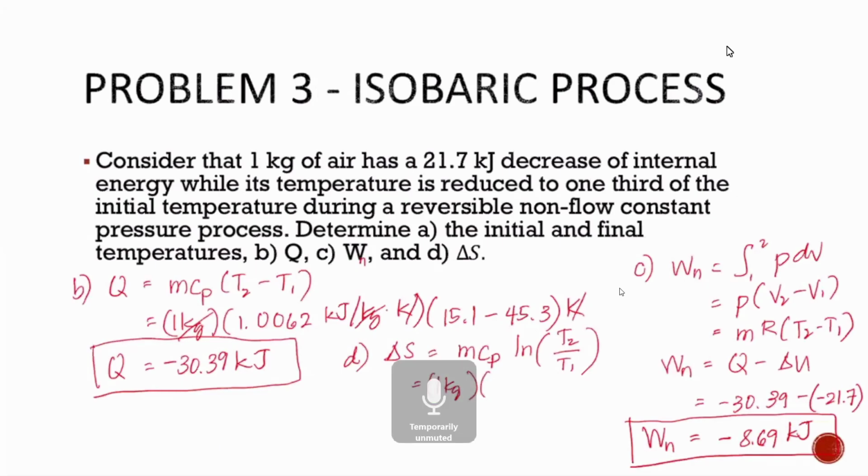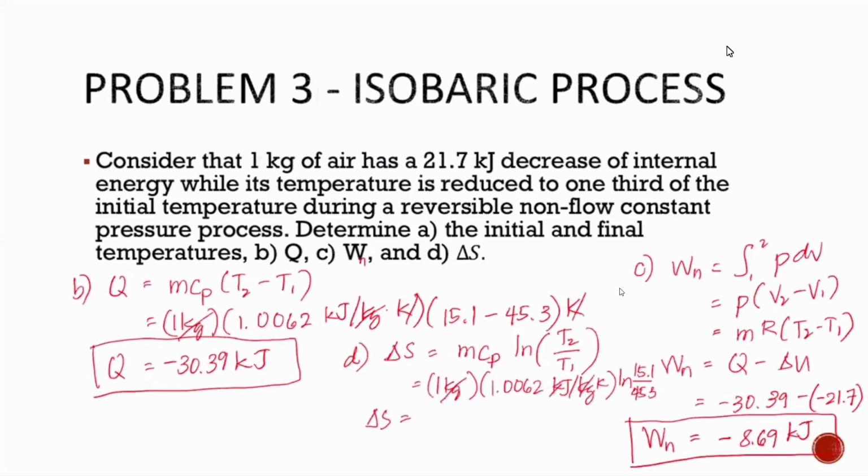What is its Cp? 1.0062 kilojoules per kilogram Kelvin times the natural logarithm of T2, which we got earlier, the lower one, 15.1 over 45.3.